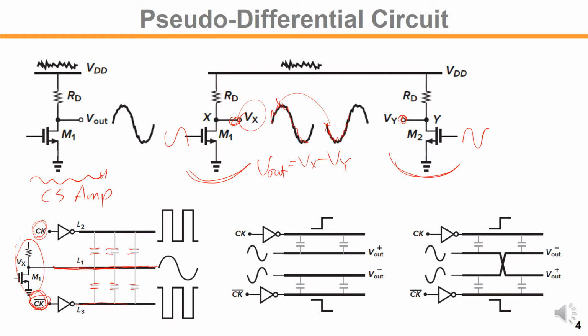This is quite difficult to achieve, but this is for illustration purposes. If there are glitches in antiphase, then the coupling through this parasitic capacitance will nullify. The rising edge coupling will go up, and the falling edge coupling will make it go down. If you add them up, then there is a noise-free signal.